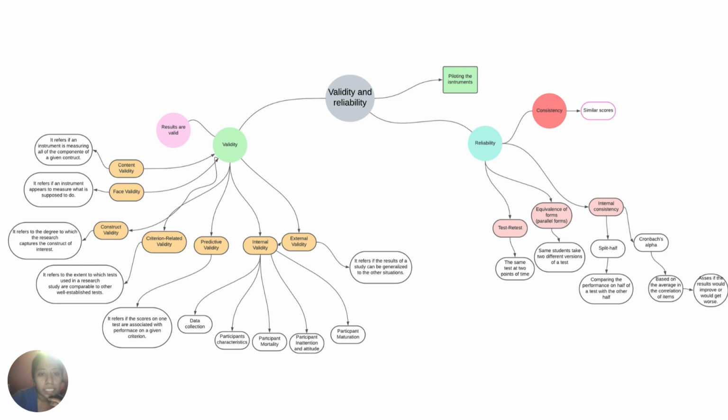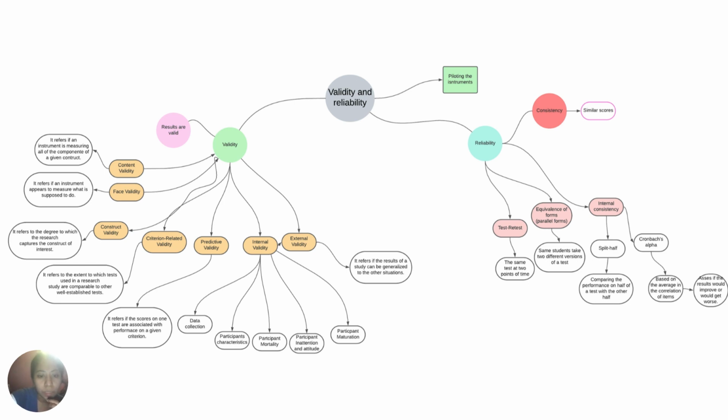In the internal validity, we want to check if the instrument meets some criteria, some characteristics. For example, participants' characteristics, if they have a specific background knowledge or proficiency level or something like that.